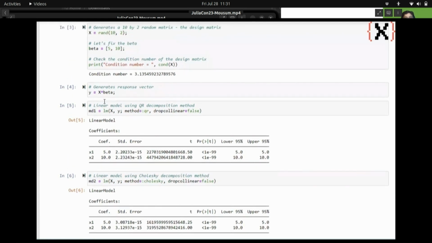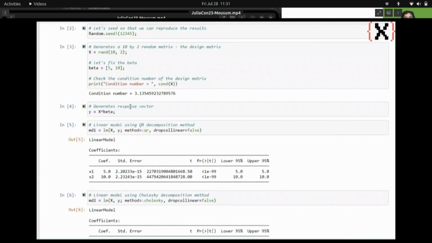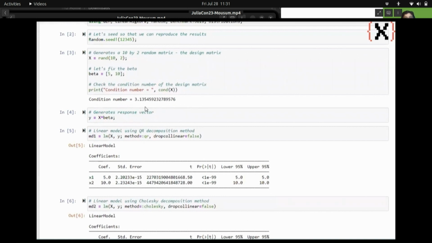Since the condition number of the design matrix is only 3.13, well-conditioned, there is no difference in accuracy using QR decomposition as well as Cholesky decomposition.